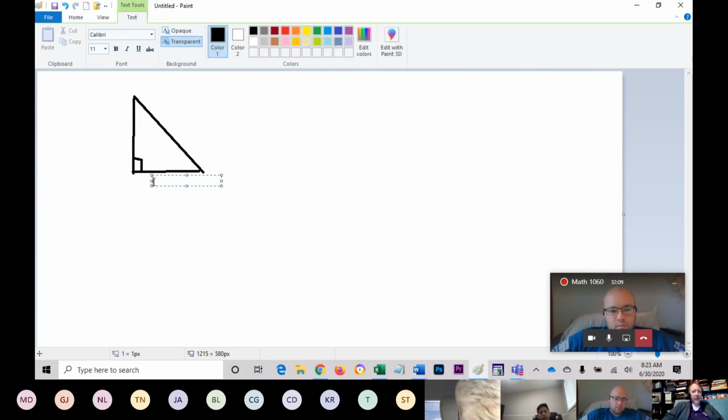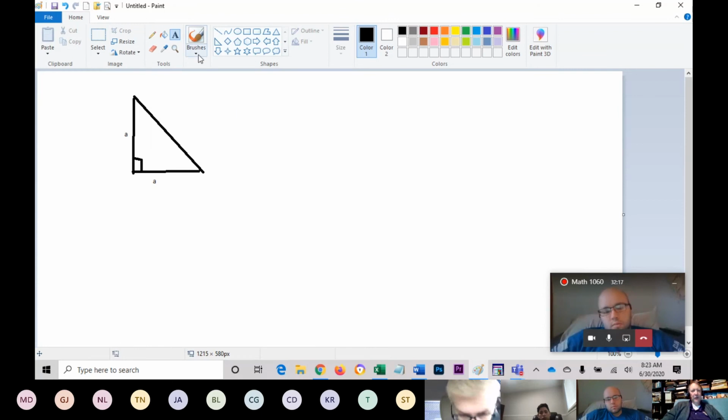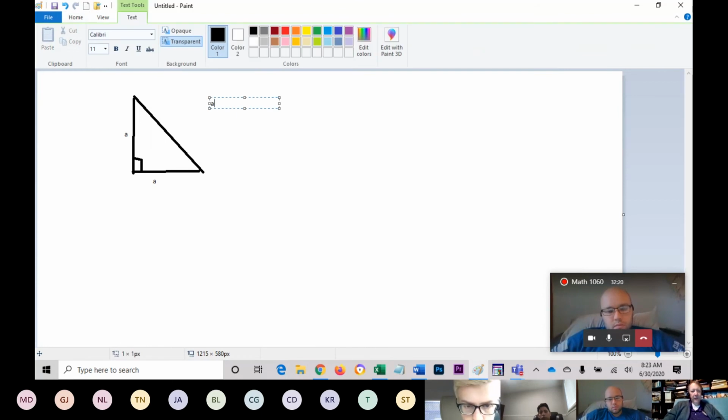So if I say that this is length A, this is also length A, then we can use the Pythagorean theorem to say a squared plus a squared equals c squared, or r. Sometimes we use r there, so r squared. And so the idea here is if I keep solving this, then 2a squared equals r squared.